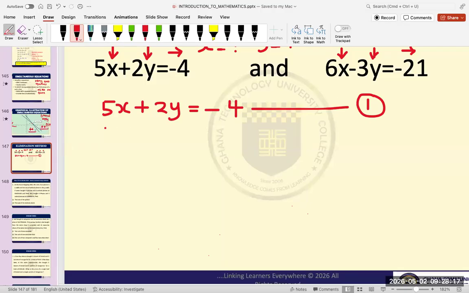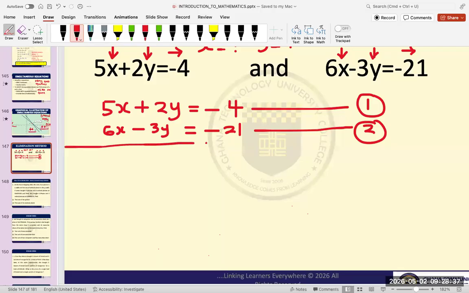Then you write the second equation, 6x minus 3y is equal to -21. You label this one as your equation 2. After that, rule a line below equation 2.